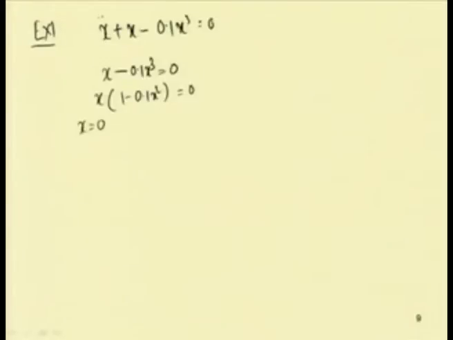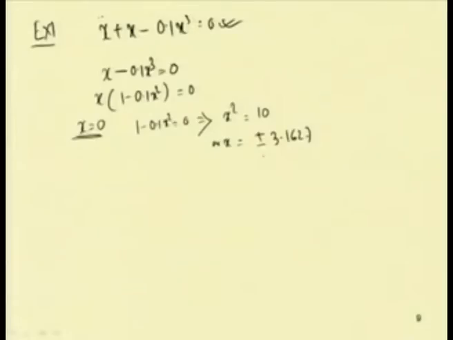So we have either x equal to 0 or 1 minus 0.1 x squared equal to 0, which gives x squared equal to 10, or x equal to plus minus 3.1627. So we have 3 values of x, and these 3 are the equilibrium positions for this equation.